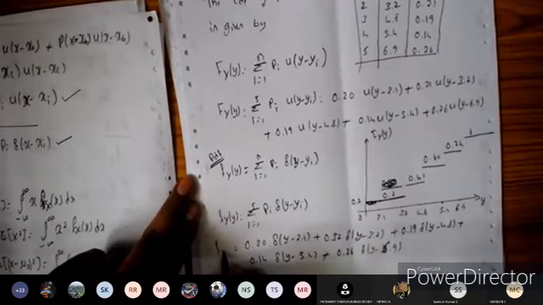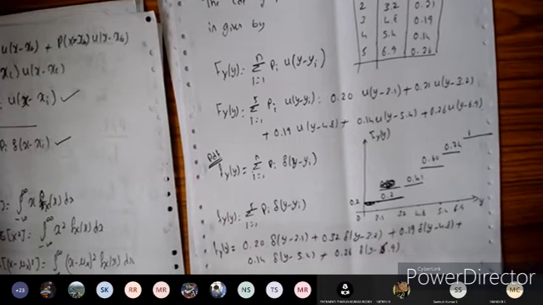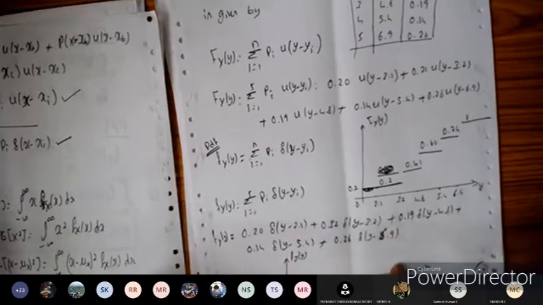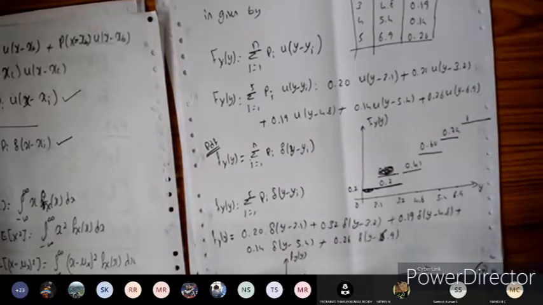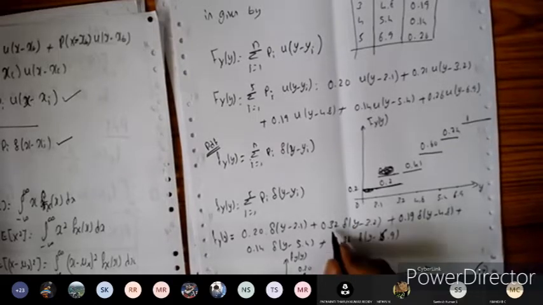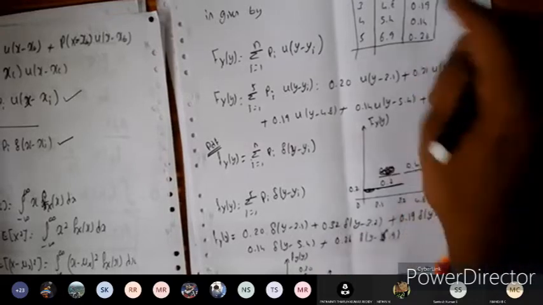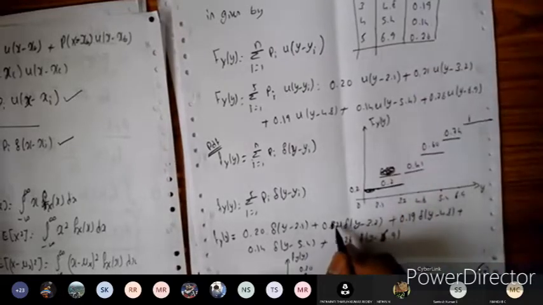So this is the PDF we get here. Let us plot the corresponding PDF at the corresponding values of y. At y equals 2.1, it is 0.20. At 3.2, sorry, it is 0.21, I made a mistake.